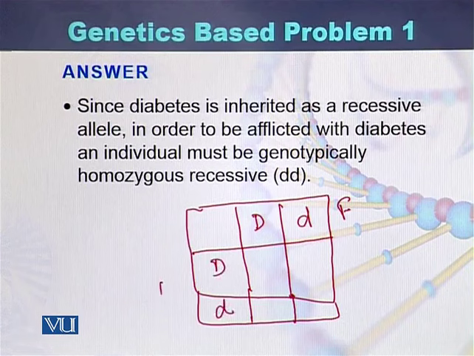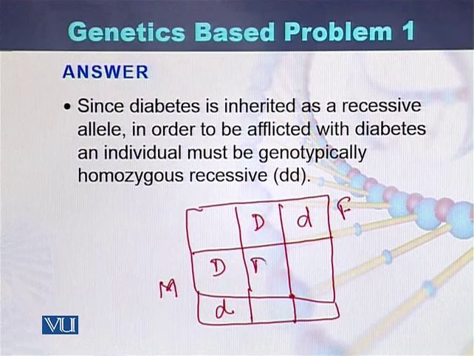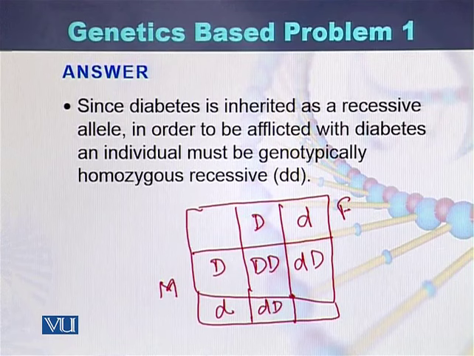So mother is also heterozygous. When we prepare the gametes, they will be capital D and D, capital D and small d, capital D and small d, and small d and small d.